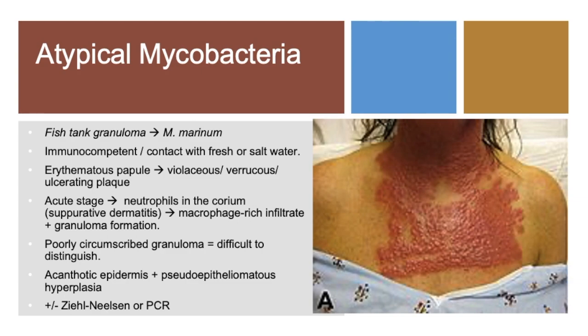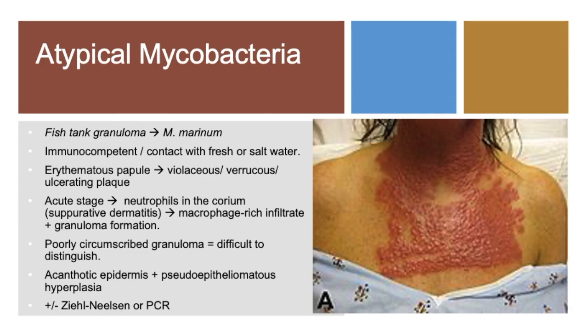If somebody works in fresh or salt water, in a fish market or something of that sort, usually we think of Mycobacterium marinum. And in the acute stage, usually we will see neutrophils in the cornified layer that will remind us of a suppurative dermatitis, where maybe we'll think about fungal infection.